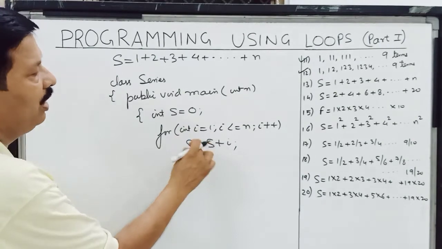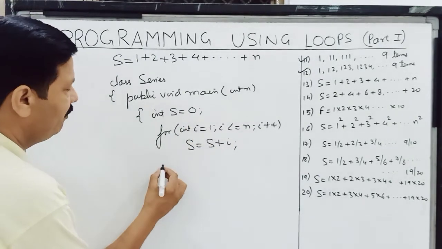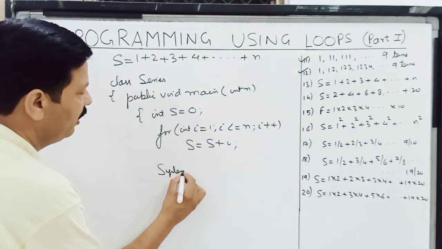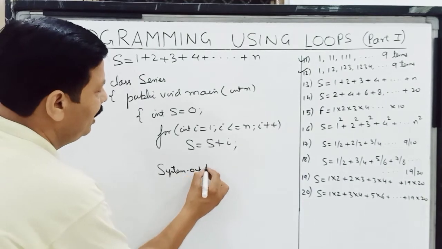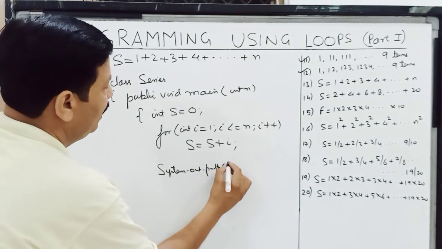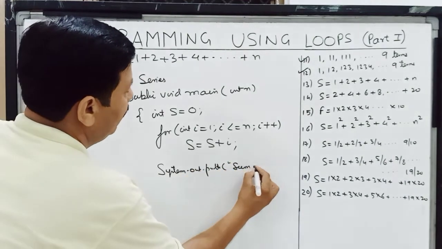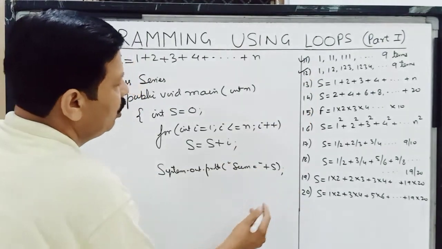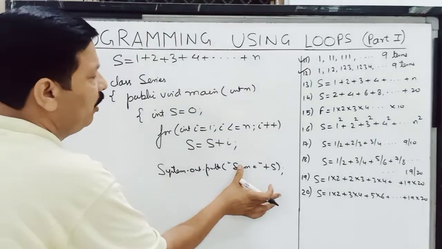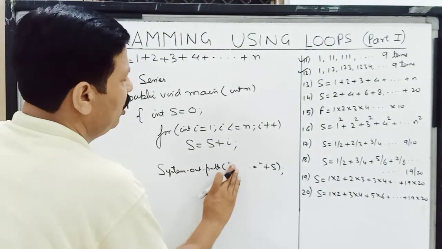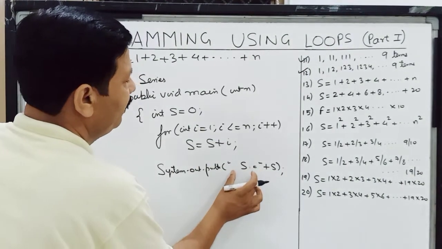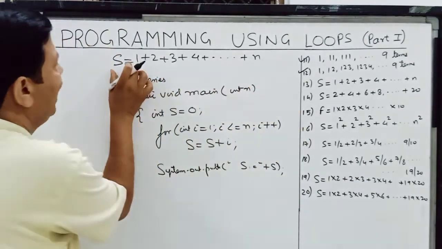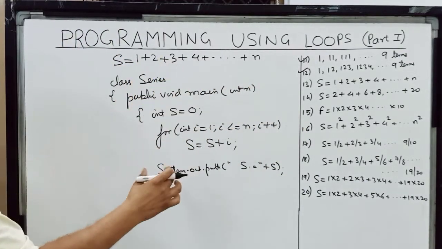Now all this sum gets stored, and once this sum gets stored, children, you print the final output. That is, you can say sum is equal to s, or it is asking you to print s is equal to, so in place of sum you can say s is equal to. This s is equal to will get displayed like this, and this value will get calculated.